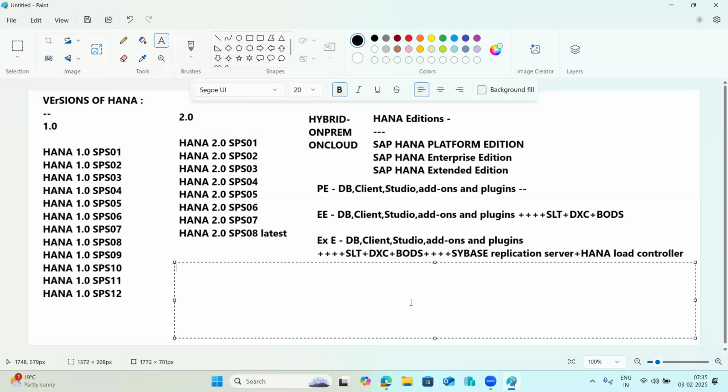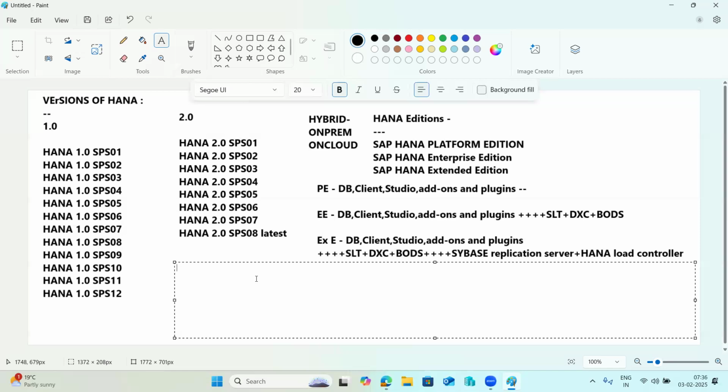It is an in-memory column-oriented database with real-time data reporting functionalities. Sir, which operating systems will it support? HANA won't support Windows machines. It supports only the Linux operating system. Why?